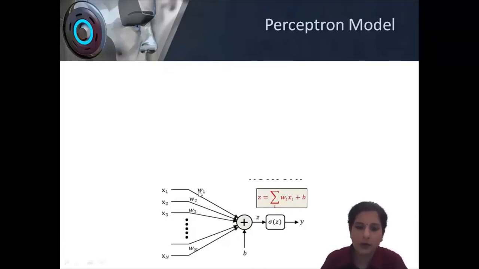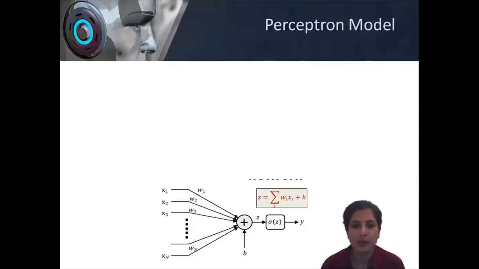The next important thing which was changed was weights. In the case of the MP model, we only had inhibitory or excitatory weights. Excitatory weights were positive weights associated with a particular input. That is, any excitatory input had a positive weight connected to it.